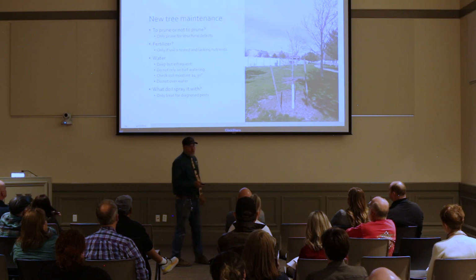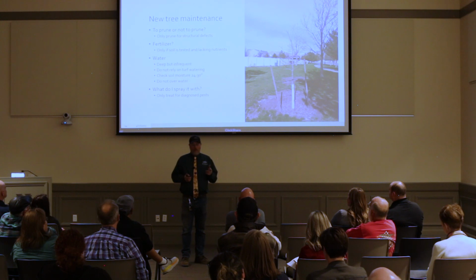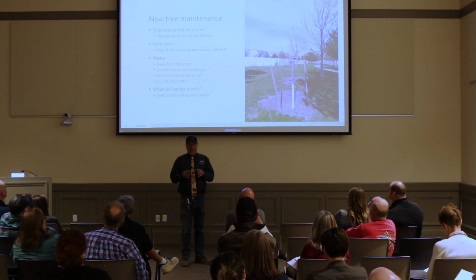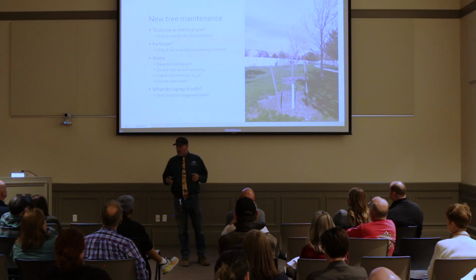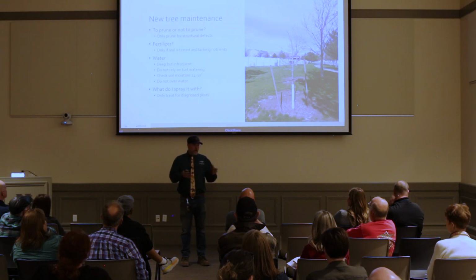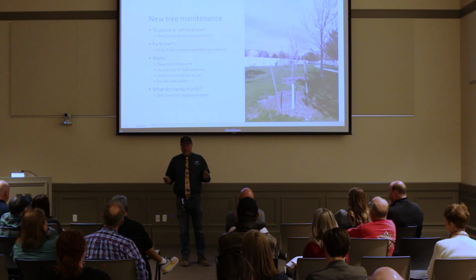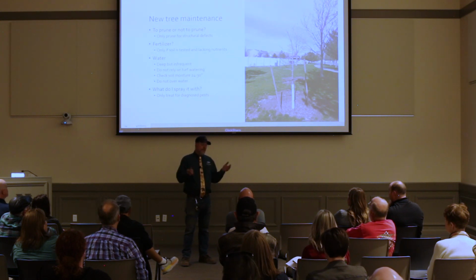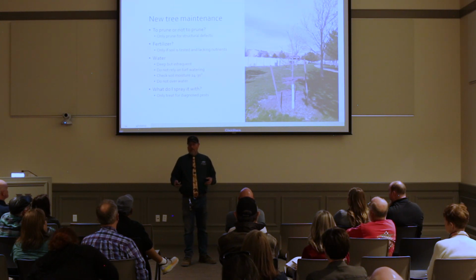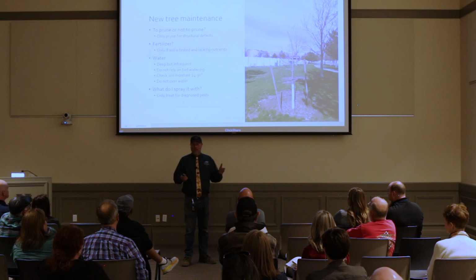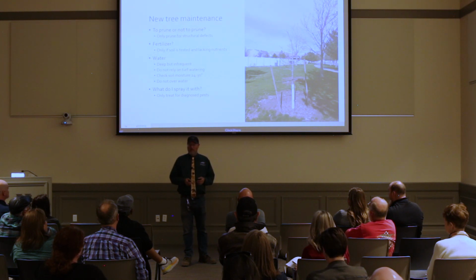Okay, water. A question came up earlier before we got started about trees and grass. Most of our trees in our parks, in our homes, in our lawns, they're surrounded by grass. We plant our trees right into the grass. And that's not ideal, but that's reality. Grass wants to be watered regularly, a couple of times a week, 3-4 times a week, whatever.